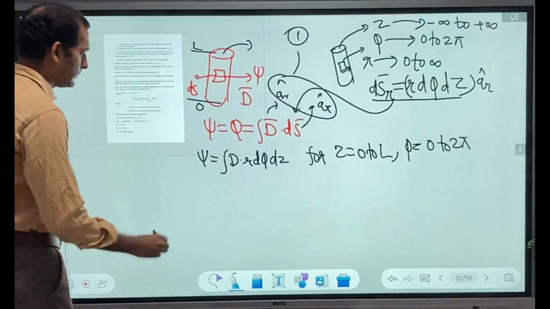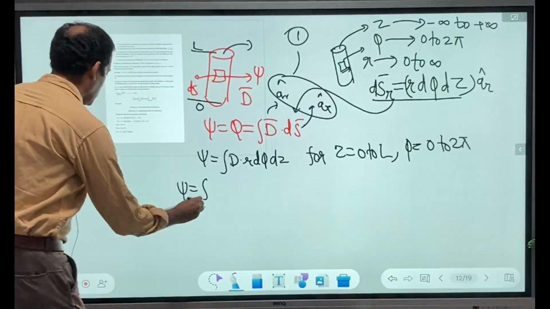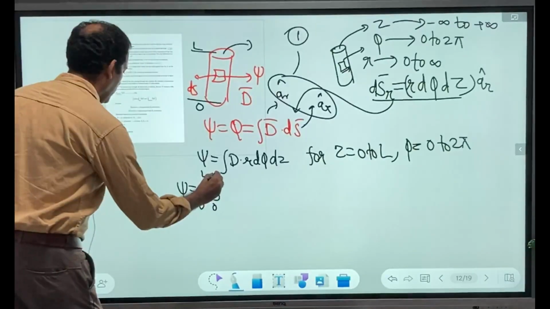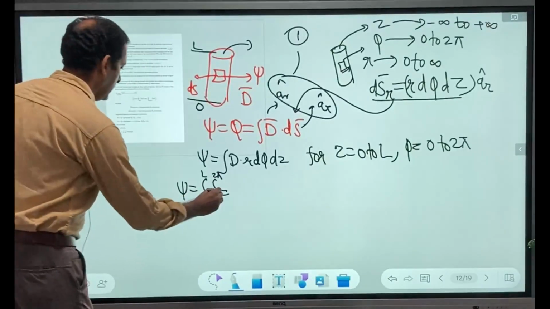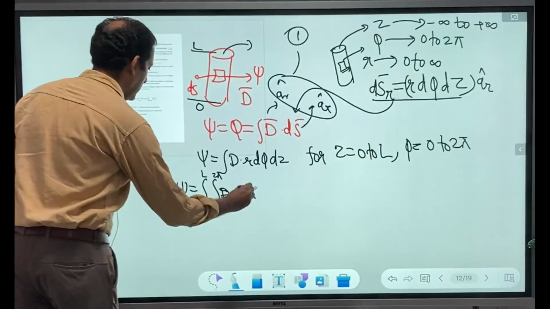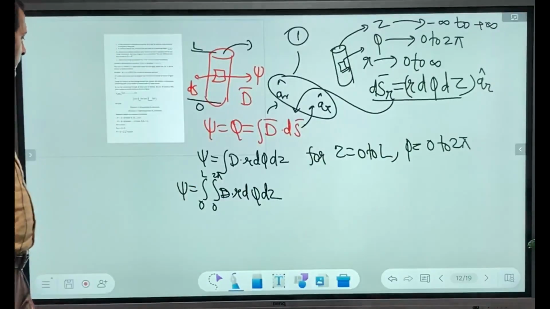So it will be psi equal to the integral from 0 to L, 0 to 2 pi of D r d phi dz.